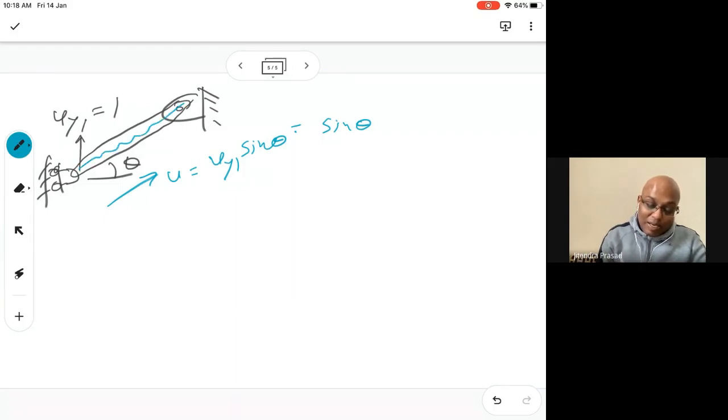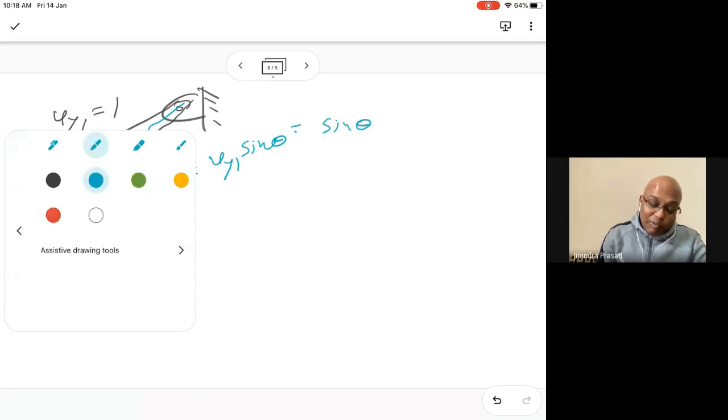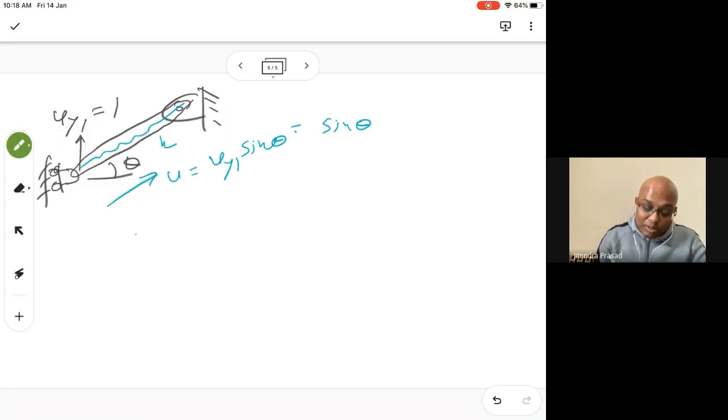Okay, so we have K, which is the stiffness. If it is like this, then what is the force in that direction? So the force will be F is equal to K times u y1 sine theta, which is equal to K sine theta.